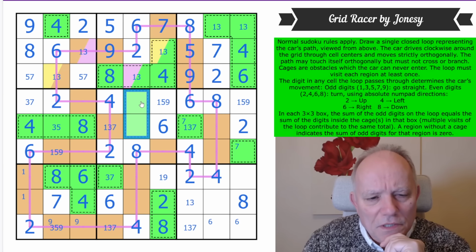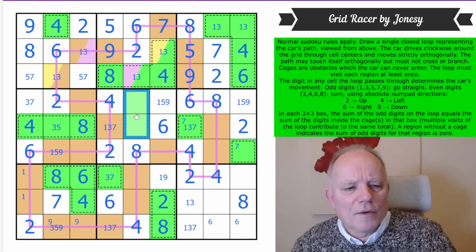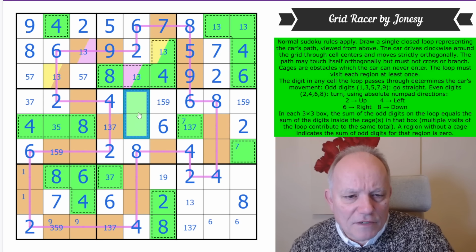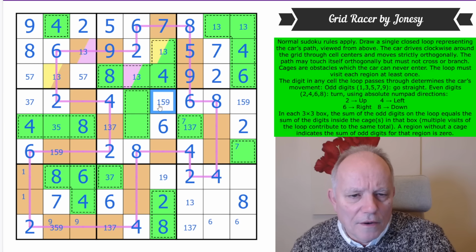If yellow wasn't in this cage, it would have to add up to at least 12. Yeah, so if the other 1 or 3 wasn't in this cage, I think it would have to add up to 12, as would that, and this digit would be a 1.